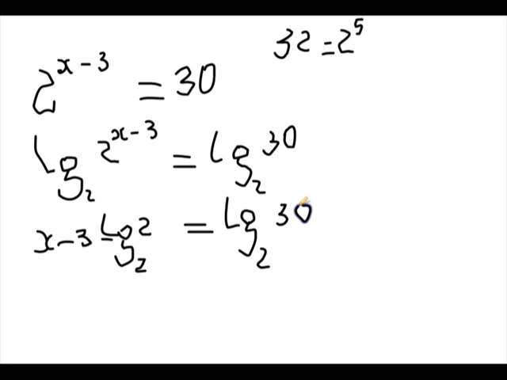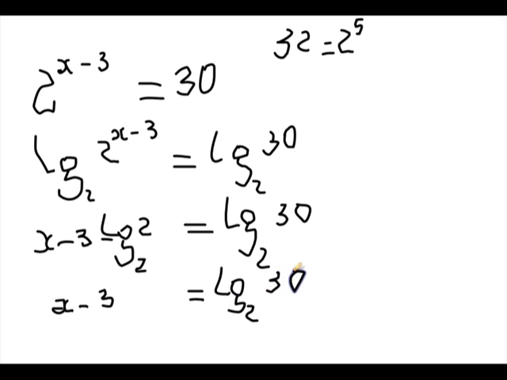So log base 2 of 2 gives me 1. So I have x minus 3 by 1, okay? And I can use a scientific calculator to compute this, or some website, to know what log base 2 of 30 is. Use your scientific calculator.